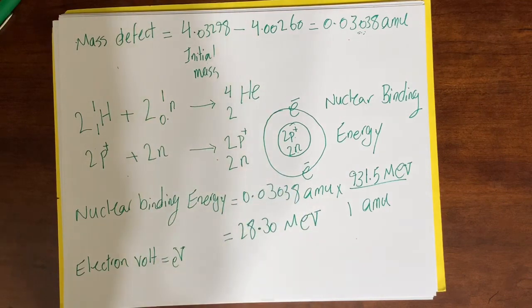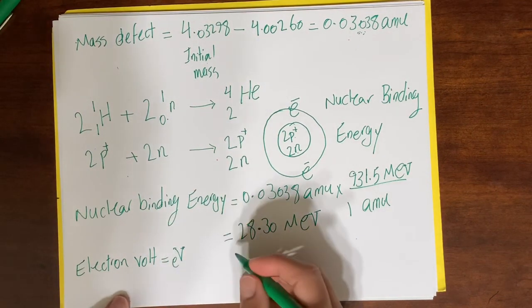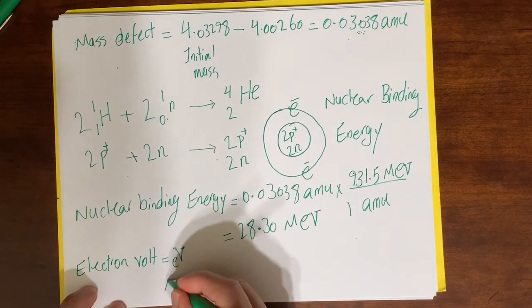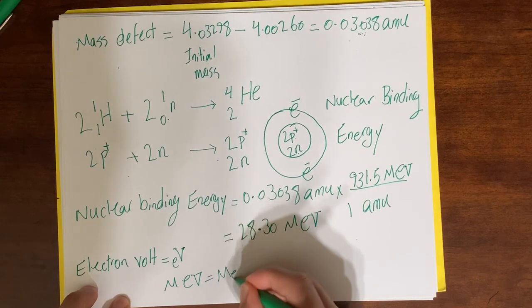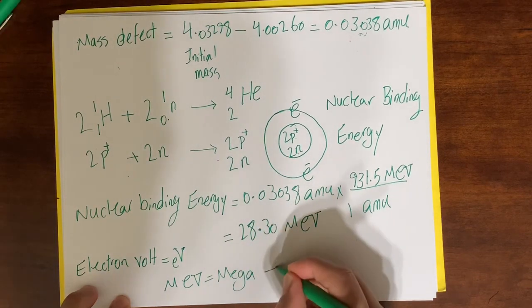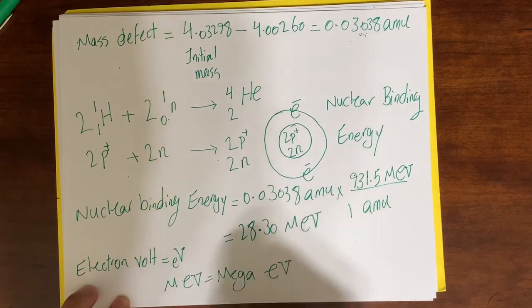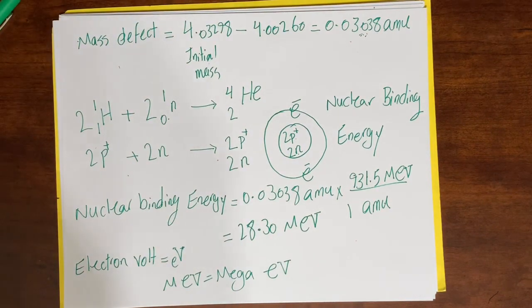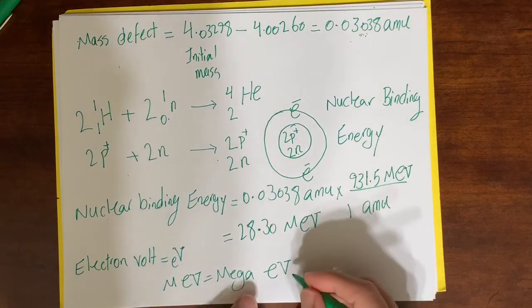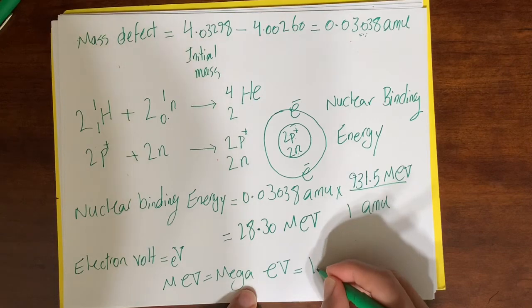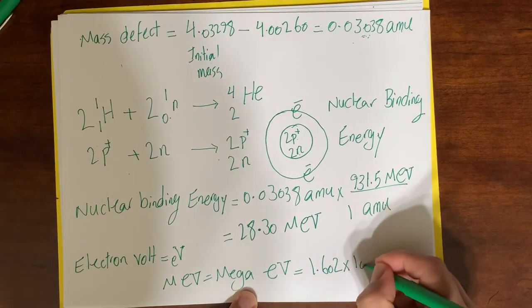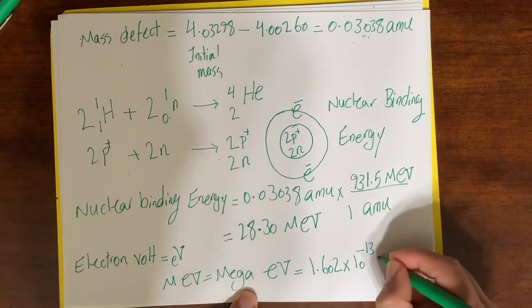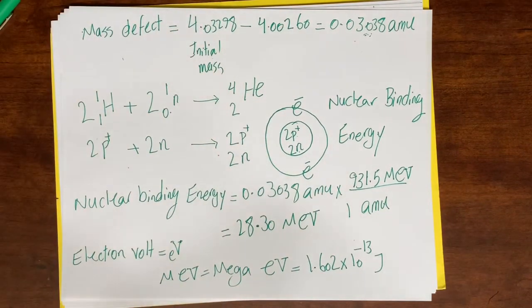They want to go with electron volt. And when you say MeV, you mean mega electron volt, and this is going to be equal to 1.602 multiplied by 10 to the power of minus 13 joule.